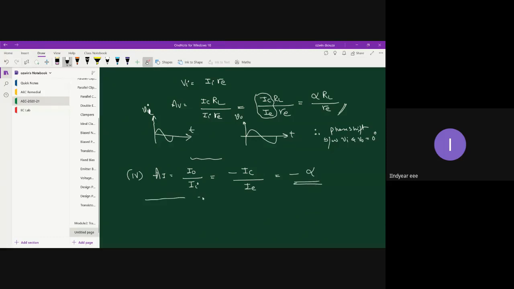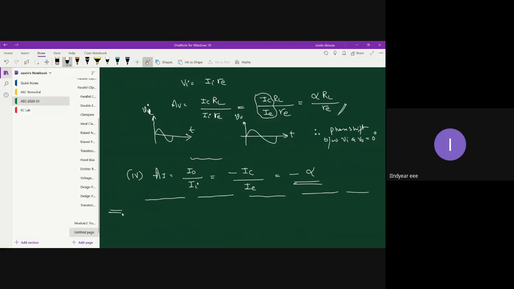But normally we don't consider minus alpha or plus alpha. We always consider current gain with the modulus. Always we take current gain as positive, doesn't matter as far as the equation is concerned. For common base configuration, you would get negative alpha. Okay, so that's how you calculate the current gains. Is it clear? Do you have any doubts?